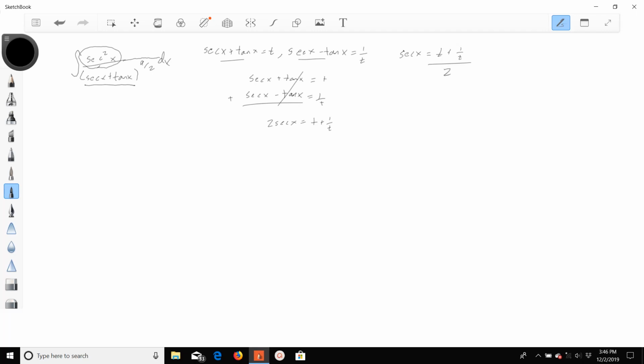Now I know that dt is, differentiating, the derivative of secant is secant x tan x plus secant squared x dx.